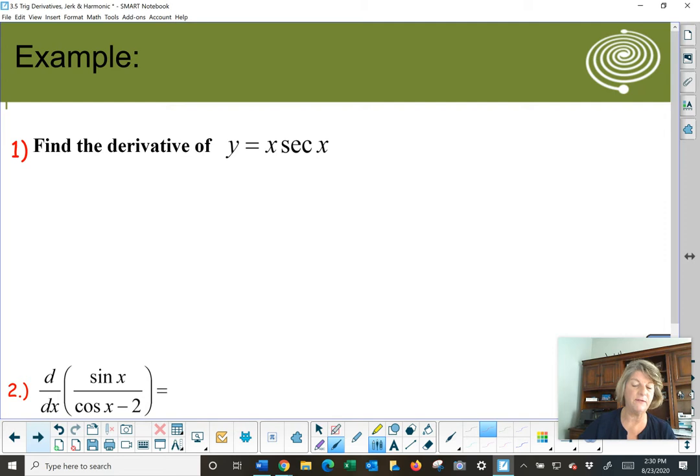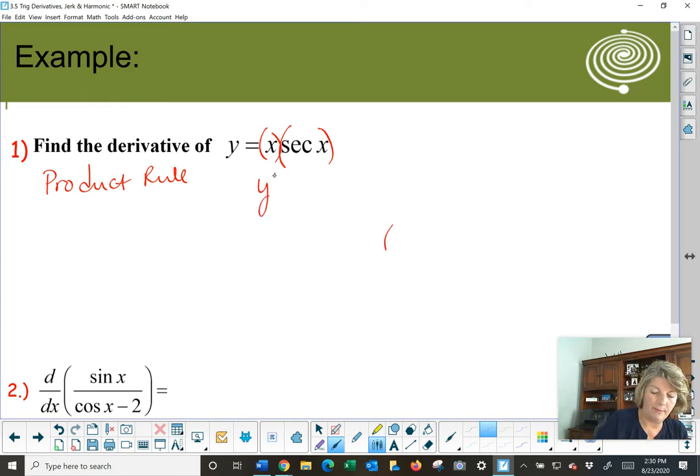So the first one says find the derivative of y equals x secant x. Whew, that looks like a product rule, doesn't it? Okay, so we're going to apply the product rule because we can see that we have two things multiplied. So we're going to enforce the good old product rule, f prime g plus g prime f.